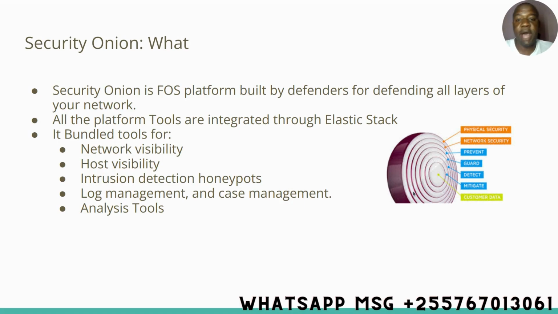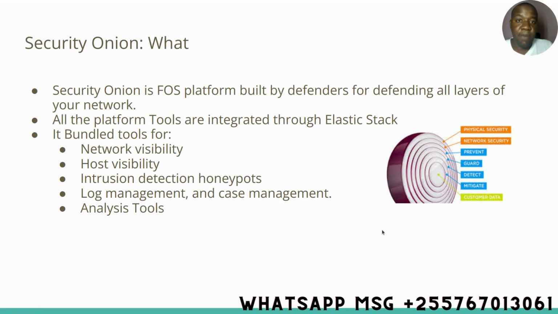So those tools are bundled for different purposes, like we have seen: some for network visibility, some for host visibility, for intrusion detection, log management, case management, and even analytical tools. So in a nutshell, Security Onion is the platform that can help us to easily implement a security operation center in our given organization.